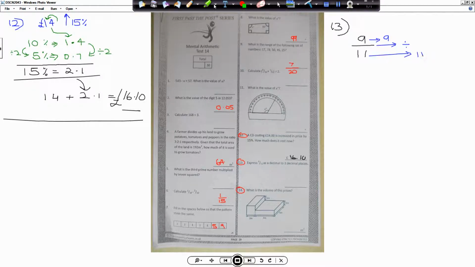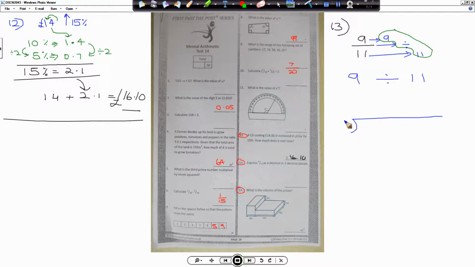So if we read this fraction, it's actually saying 9 divided by 11. Okay? Sorry, hang on one second, I've lost my decimal point. So let's write down 9 divided by 11. Now when we do 9 divided by 11, we set the question up in the bus stop technique.